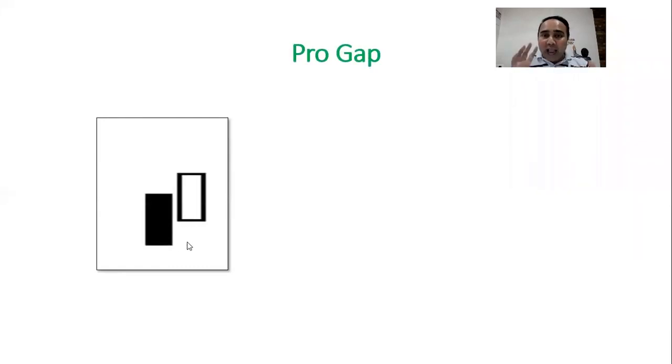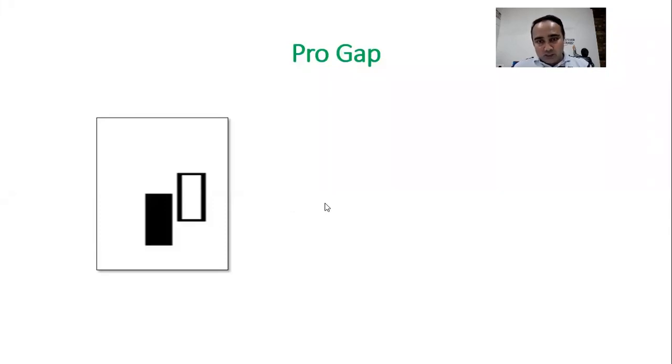Now there is no gap on the candlestick like the earlier one, like the Novice Gap, but there is a gap between the closing and the opening of the price, right? The closing is here and opening is here. That means there's a gap between yesterday's close and today's open, but that gap cannot be seen, and that gap is called pro gap, gap by the professional, right?